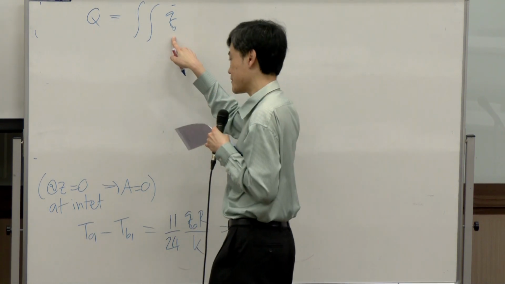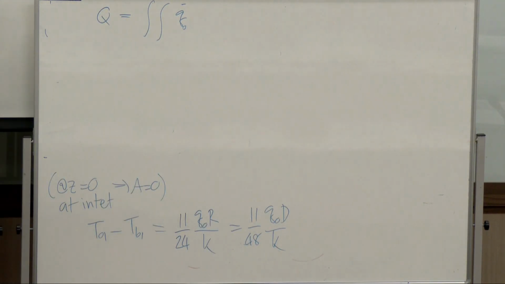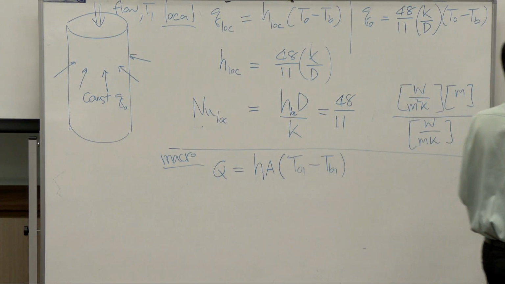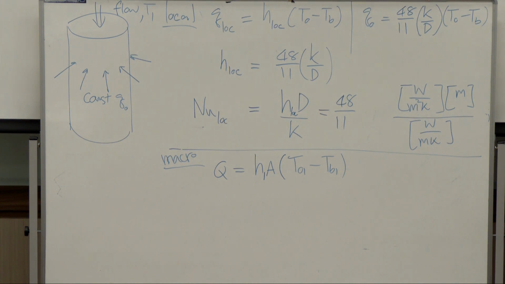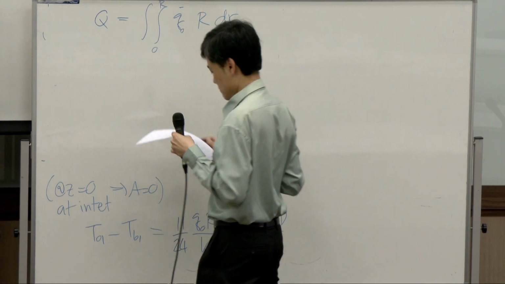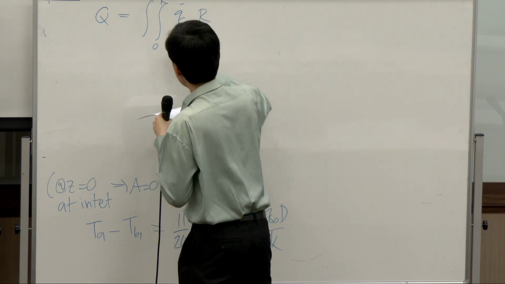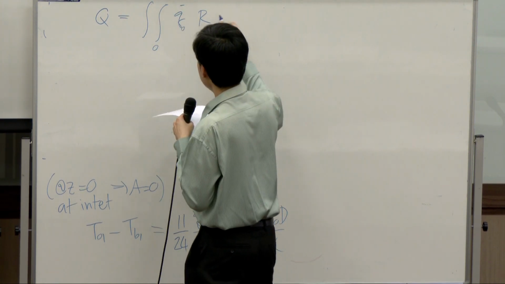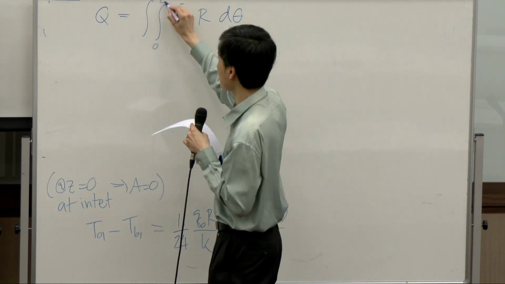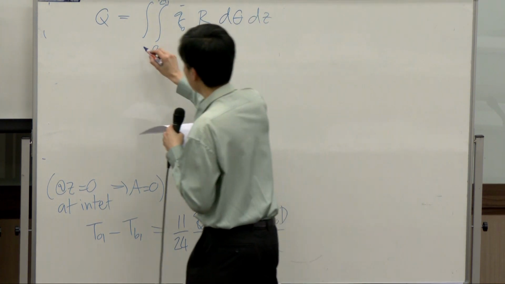This is constant flux, right? You integrate it along the length and around the circumference. When you integrate around the circumference, you integrate with respect to zeta, from 0 to 2 pi. And you integrate along the length, that's dz, from 0 to L.